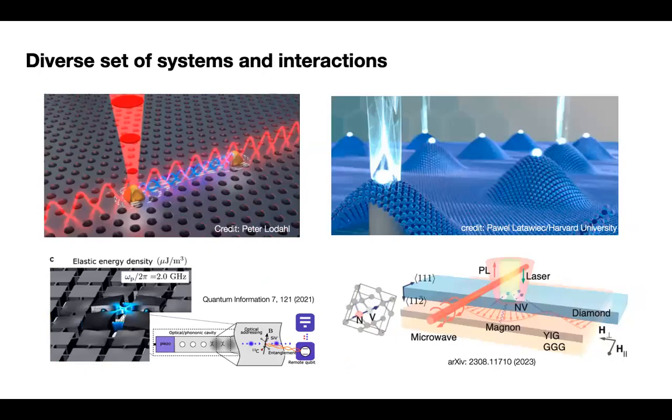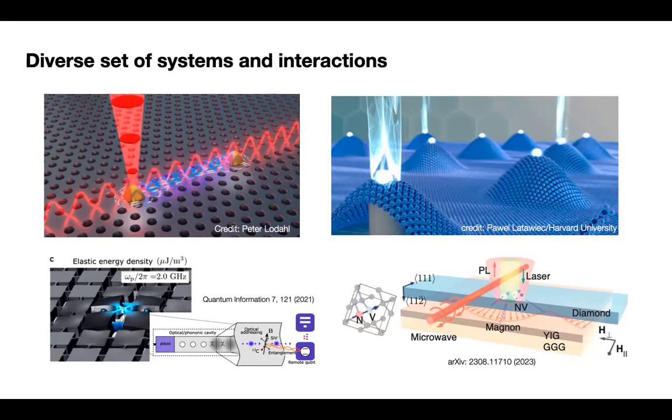But one can also tailor the vacuum of the electromagnetic field, changing the optical dispersion relation, such as in this work where they place emitters in a photonic crystal. Or you can completely forget about the electromagnetic field vacuum and just think about other types of baths, such as collective excitations in a material, like phonons, magnons, and so on and so forth.